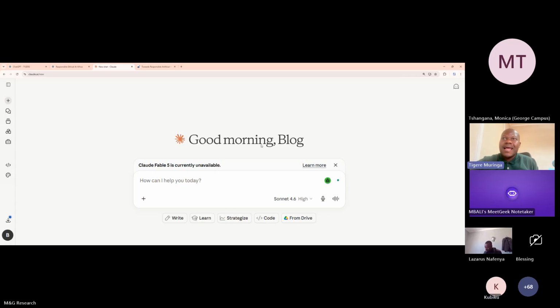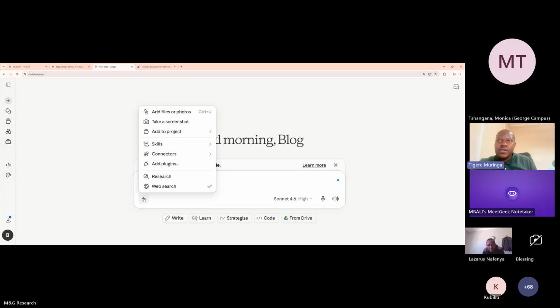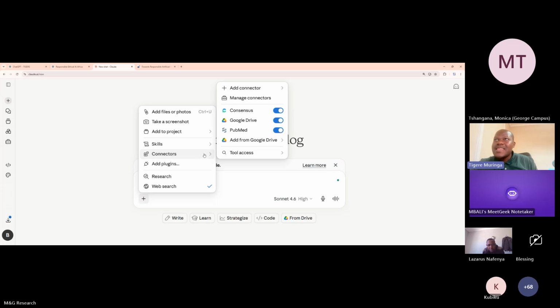Right. So if you are using Claude, and the same thing happens on ChatGPT, it has an option here. If you go to this plus section, it has an option that says connectors. If you go to connectors here, these are the drives that Claude has access to on your computer, or on your Google if you are logged in on Google.